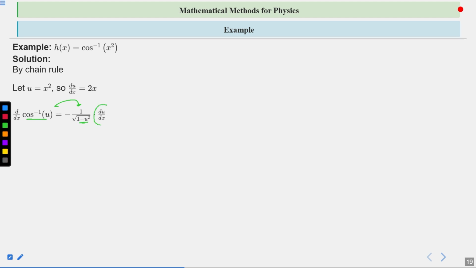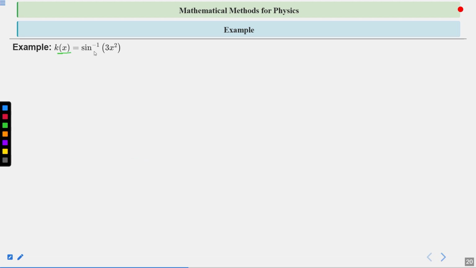And what is du upon dx? That is 2x. Now substitute the value of du upon dx. You will get, after substituting, h prime of x is equal to minus 2x divided by under root 1 minus x raised to the power 4. Clear? I hope this is clear.